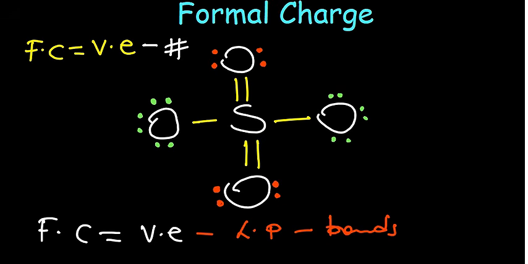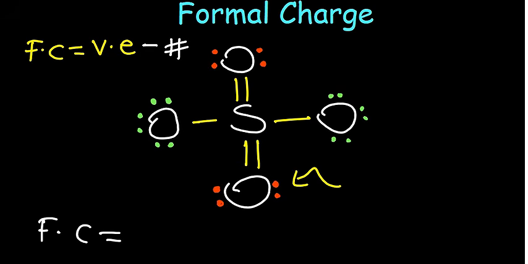Okay, so we'll look at it in this way. Looking at the formula, it is the number of valence electrons. So we'll start first with the oxygen on the bottom. This oxygen there. So how many valence electrons does oxygen have? Oxygen basically has valence electrons that match up with its group.